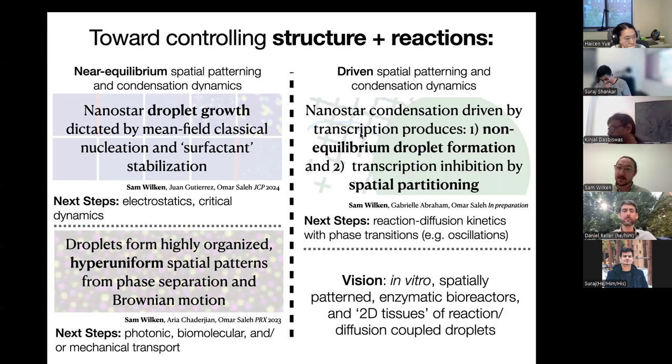You quench deeper and deeper into the coexistence regime, the viscosity increases with the Arrhenius sort of factor that you would expect, right? And so that's been done in terms of the viscosity measurements.